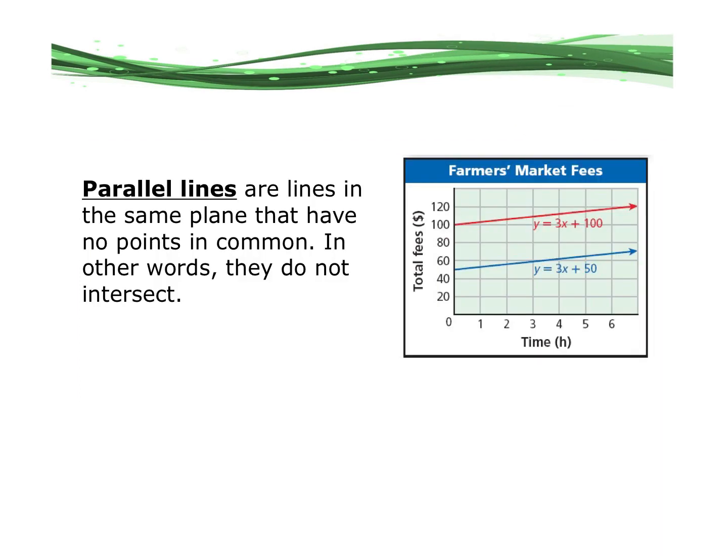So parallel lines are lines in the same plane that have no points in common. In other words, they do not intersect. So what we've been going over, the lines are always going to go up the same. We're going to rise the same and run the same. No matter what, we're just going to have different y-intercepts. If you notice, this y-intercept starts at 50. This one starts at 100.